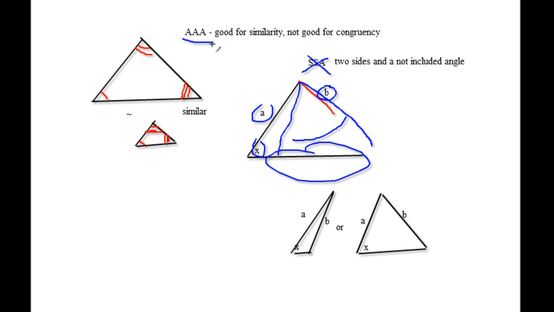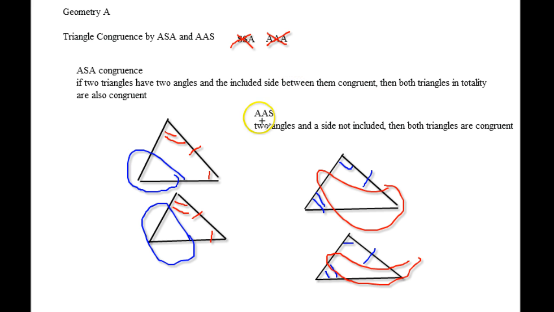AAA you will see in similarity next semester at the beginning of, but you just won't see it during this time talking about congruency. But please understand, when you're doing congruency, the big ones that we're going to be using are ASA, AAS, also SSS, and SAS. Okay, if you're talking about those four, you should be good.